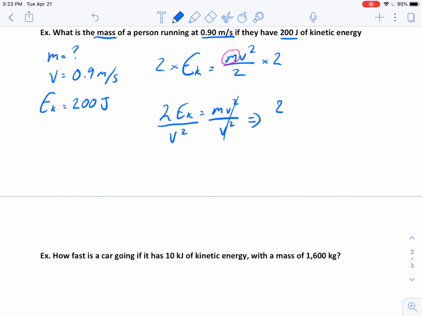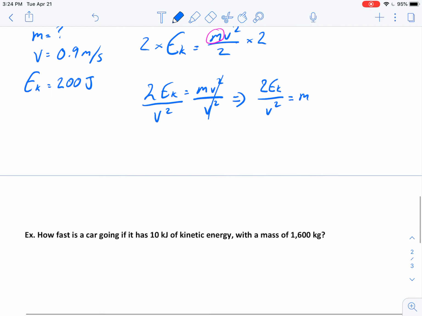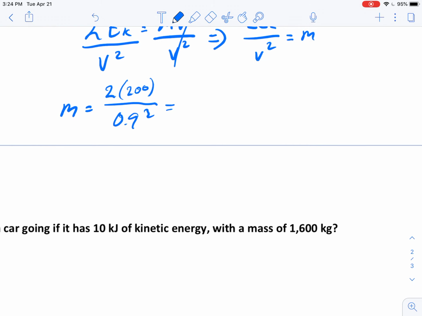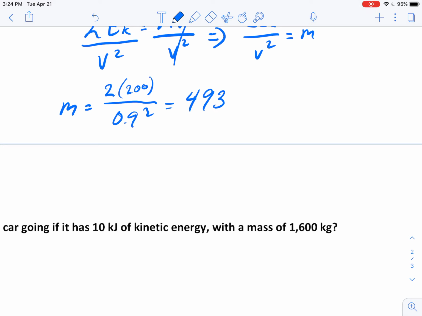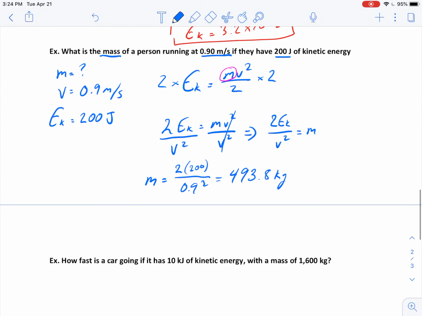And you end up with 2 EK divided by v squared equals mass, which is 2 times 200 divided by 0.9 squared equals 493.8 kilograms, or 4.9 times 10 to the 2 kilograms. And that would be our final answer.